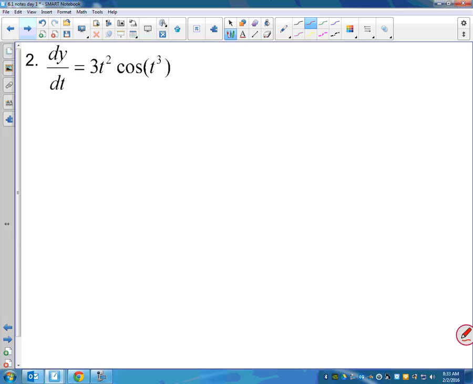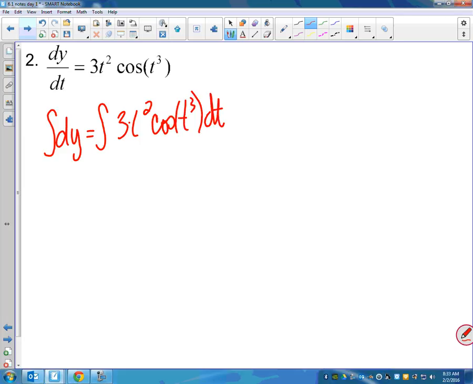I'm going to separate my variables. I'm going to put my dt with my t. We're going to learn a way in this chapter that we don't have to do this all the time.